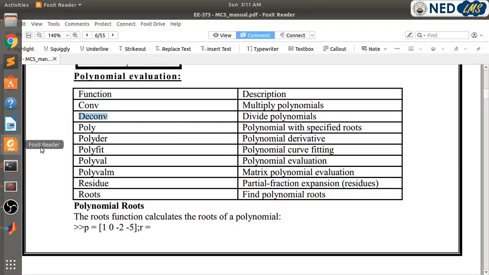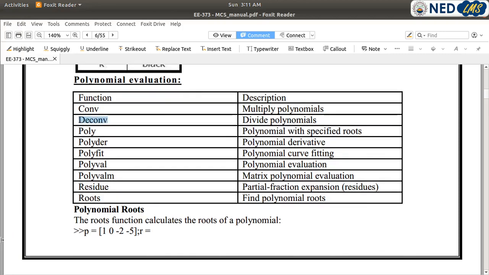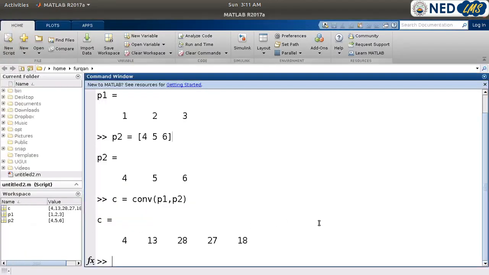Now let's execute the second instruction, deconv, which is used to divide polynomials. So I am dividing this C by P1, and storing the result again in C, deconv C comma P1.